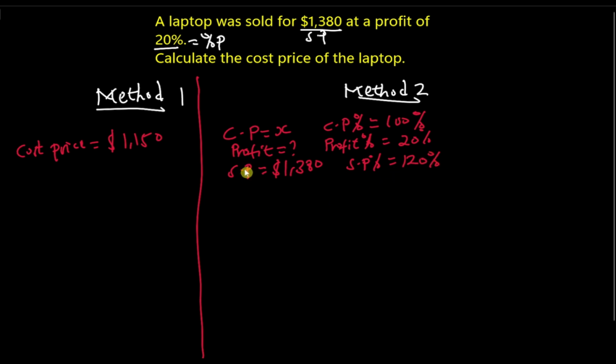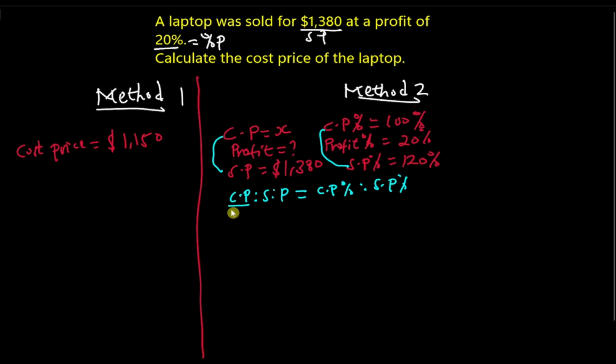Now we just make a ratio of the cost price to the selling price, equal to the cost price percent to the selling price percent. Let's substitute the values.